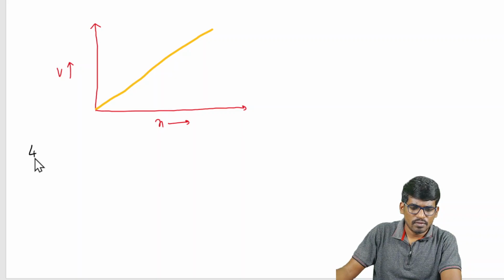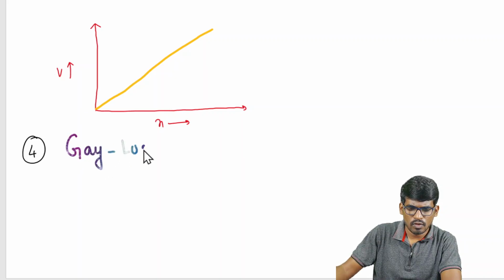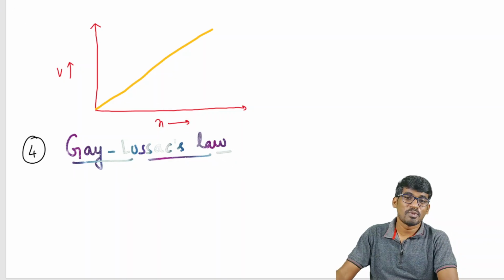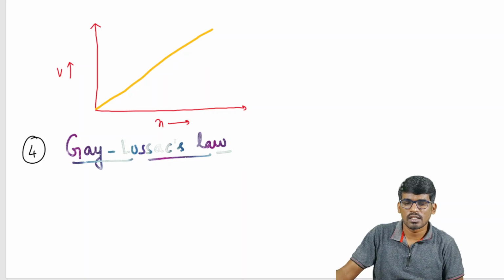Now another gas law, the fourth gas law we have, that is Gay-Lussac's law. In stoichiometry, we had discussed the law of combining volumes. Do you remember? That is also a part of Gay-Lussac's law. But here we are going to keep volume constant.